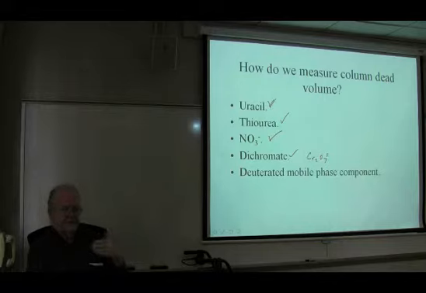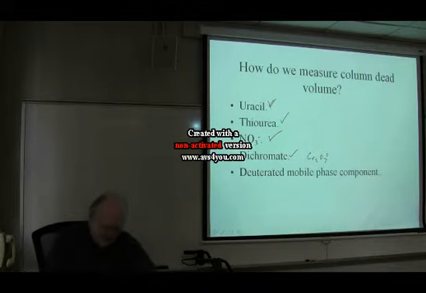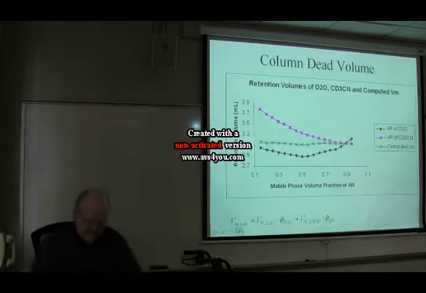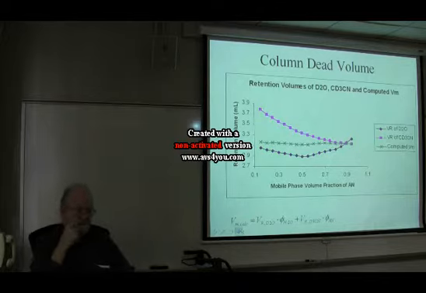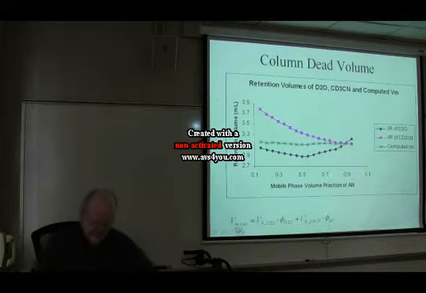If you deuterium label your organic modifier or your water, you will get a refractive index peak. So using deuterated water and using deuterated acetonitrile, this is the deuterated water.